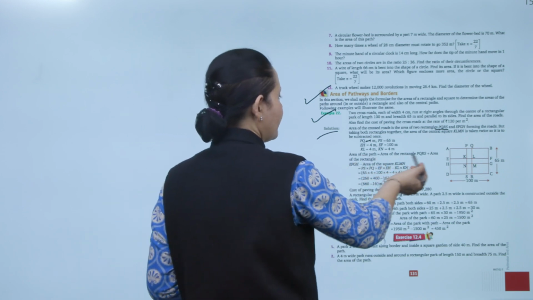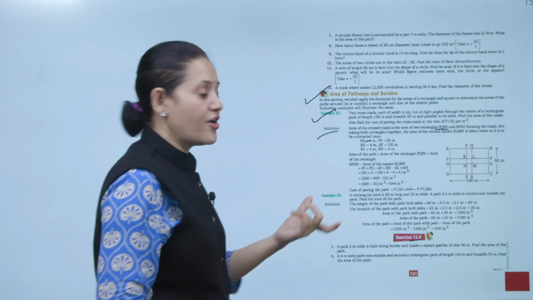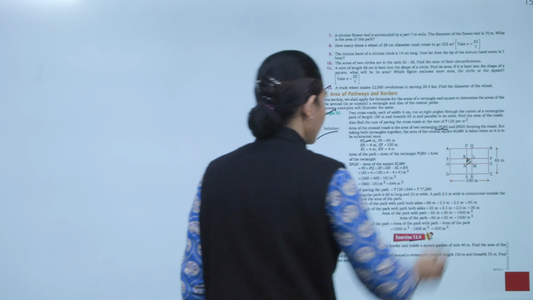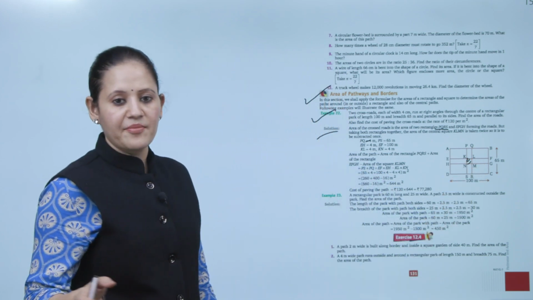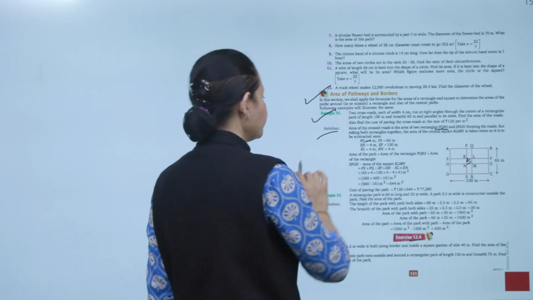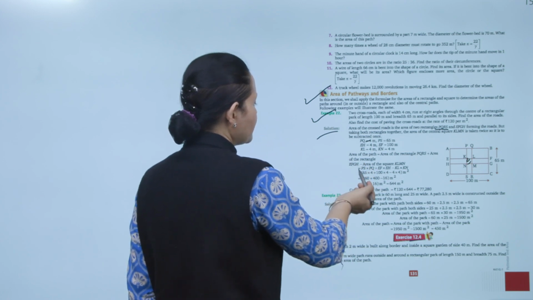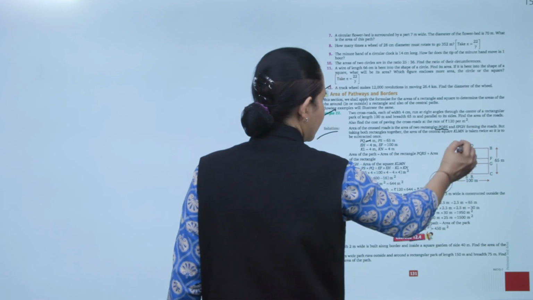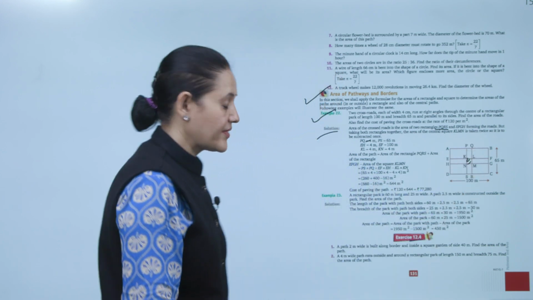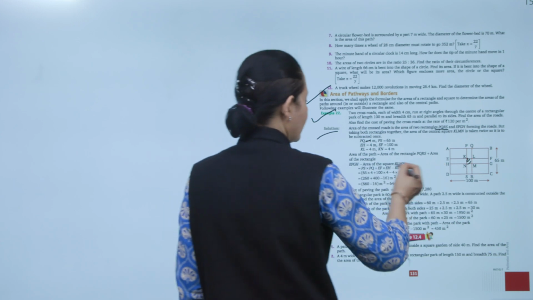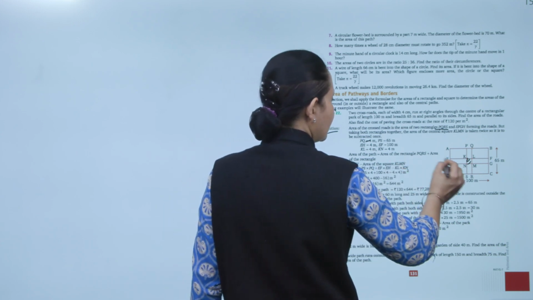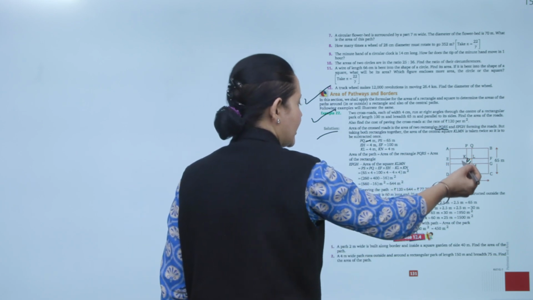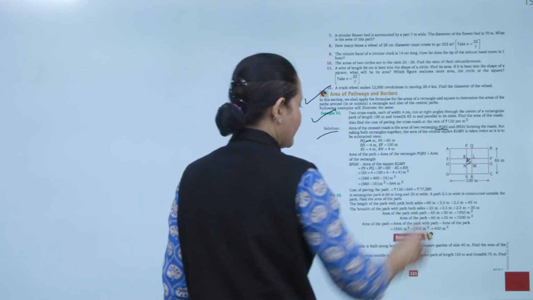For that, area of rectangle PQRS plus area of rectangle EFGH minus this area of square KLMN. So, that is equals to PS into PQ. PS into PQ, that is the area of this rectangle. Clear? Next, plus EH into EF minus KL into KN.